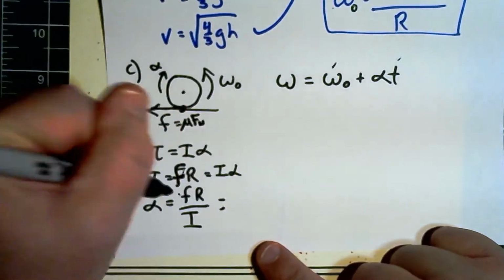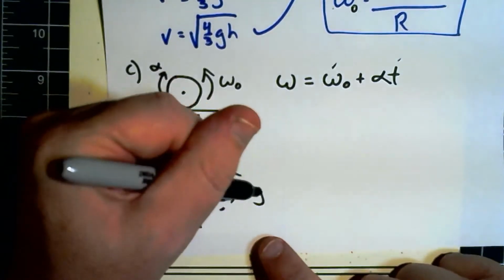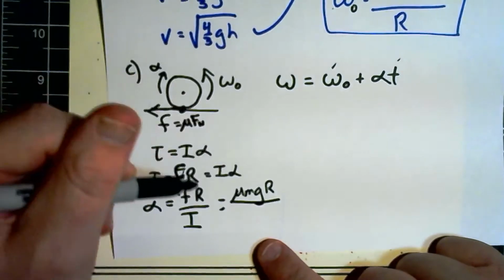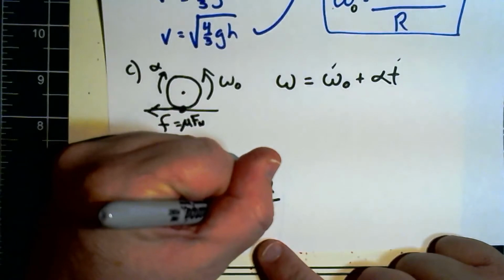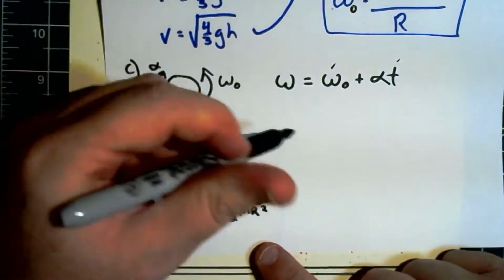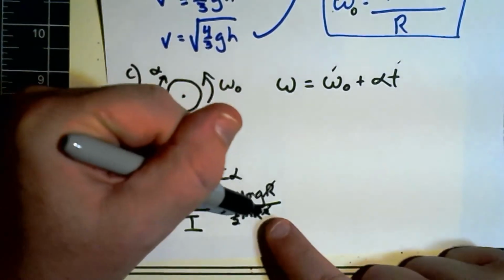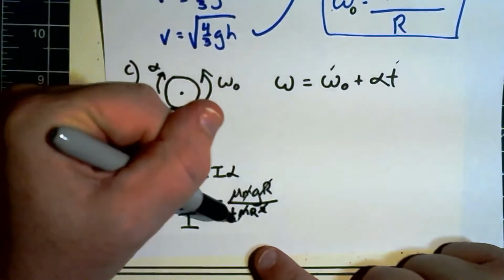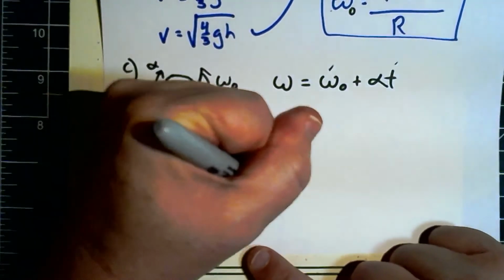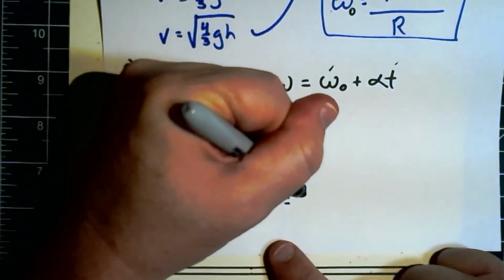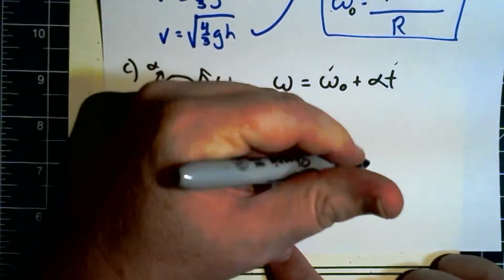So my friction term right here is mu mg times my radius r divided by my rotational inertia, which we found earlier in the problem statement, is 1/2 mr squared. And so we can reduce this down a little bit. We'll lose this r up here, r on the bottom, we'll cancel one of the m's, and this 1/2 we can turn upside down to put the 2 on top. And so therefore our alpha, our angular acceleration, is 2 mu times g divided by r.